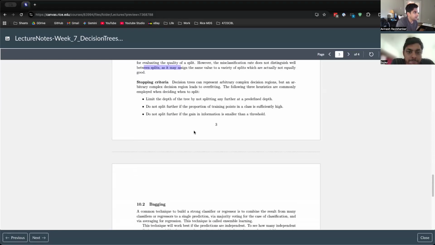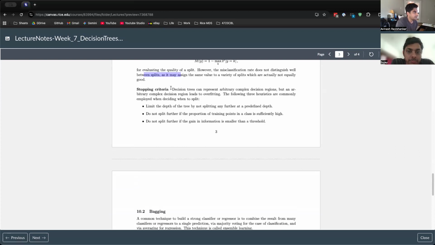And then stopping criteria. Decision trees can represent arbitrarily complex decisions. If you don't have a stopping rule, it can go deeper and deeper. Ultimately, every leaf will have only one data point. Yes, overfitting. The following three heuristics are commonly employed. Limit the depth of the tree by not splitting any further.